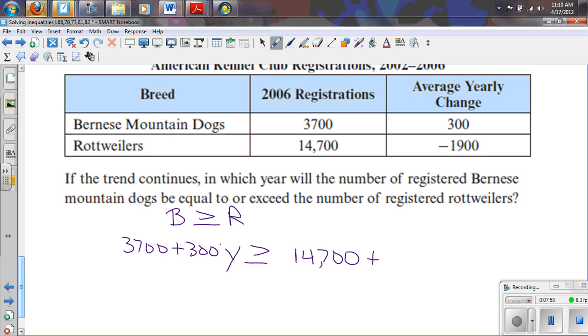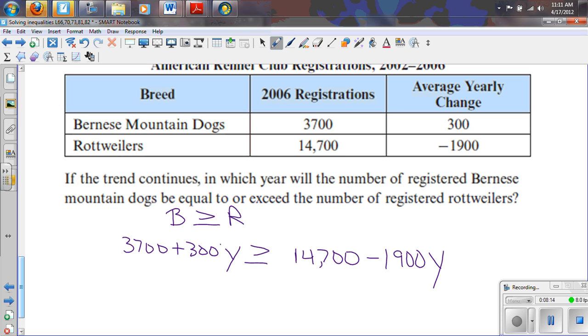So they lose 1,900 every year. So really this is a minus 1,900. Why? Because every year they lose 1,900 Rottweilers. So when is the Burmese going to be greater than or equal to?